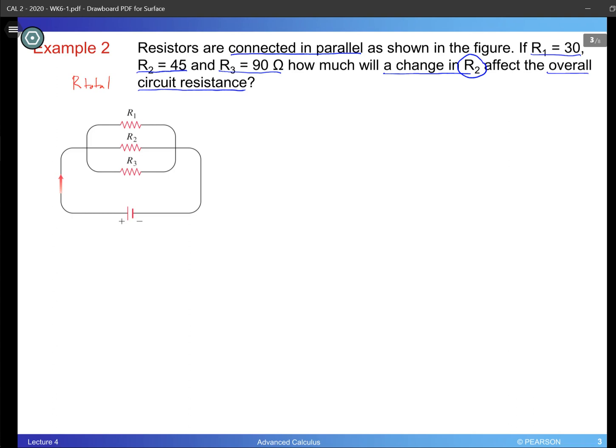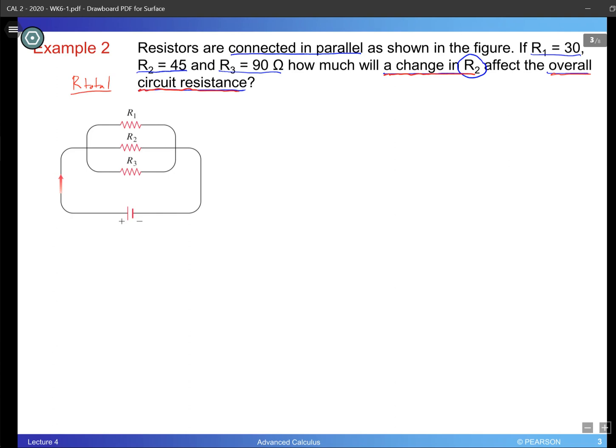Now the next thing I'm going to do here is to translate the question that they give to us right here into something that is easier to understand and easier to work with. So let's take a look here. They want to know how much will a change in R2 affect the overall circuit resistance, or in other words, how R2 affects this R total right here.